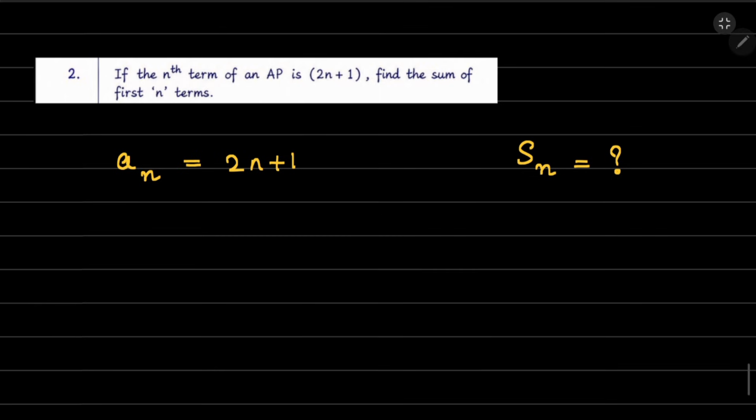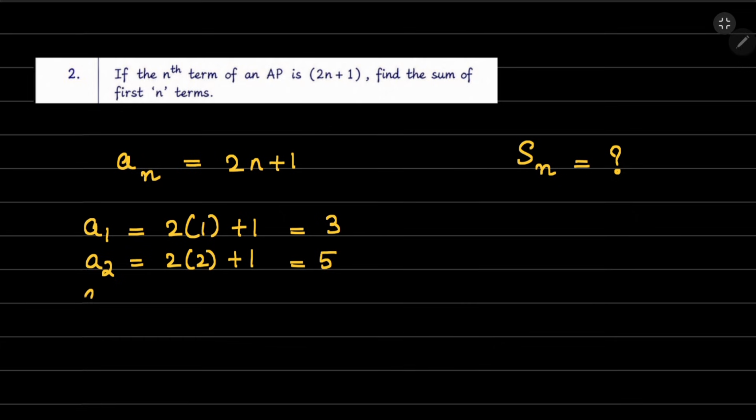So whenever you are given an expression for the nth term, you can generate the AP by replacing n as 1. So when n equal to 1, it's 2 into 1 plus 1, which is 2 plus 1, which is 3. What is a2? 2 into 2 plus 1. So 2 2s are 4 plus 1, which is 5. The third term, 2 into 3 plus 1.